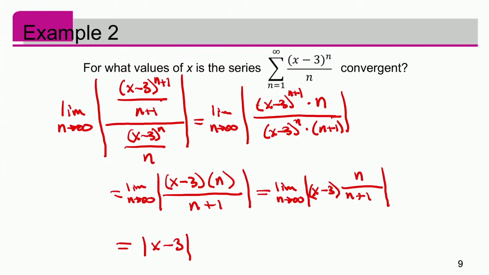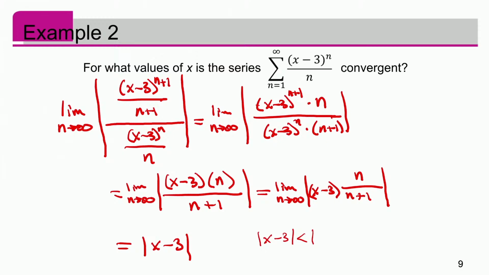that times 1. And now I want, so this will converge as long as that is less than 1. So here's what I'll do, is I'll do this, absolute value of x minus 3 is less than 1. So you can do the algebra here, can't you?